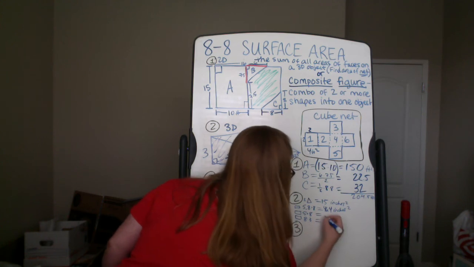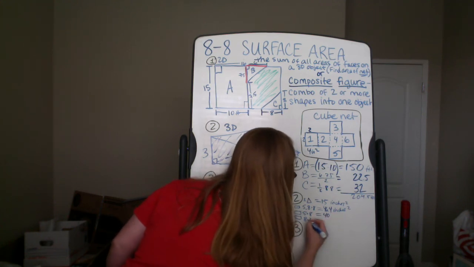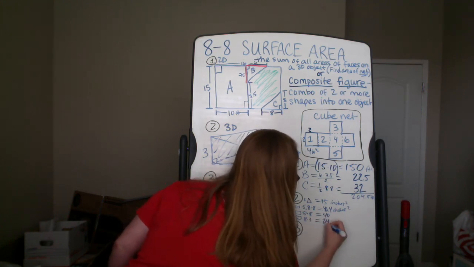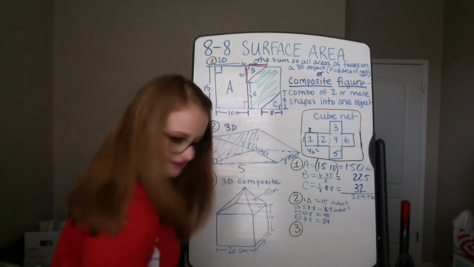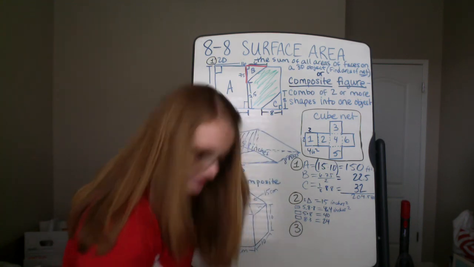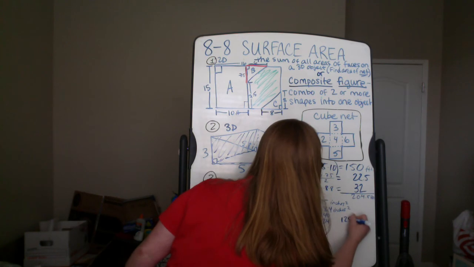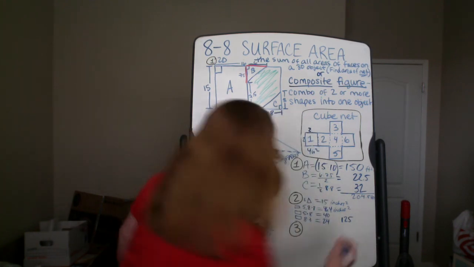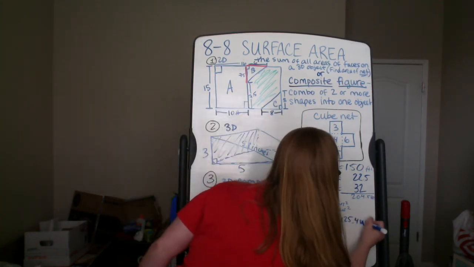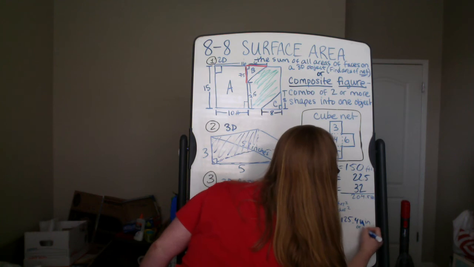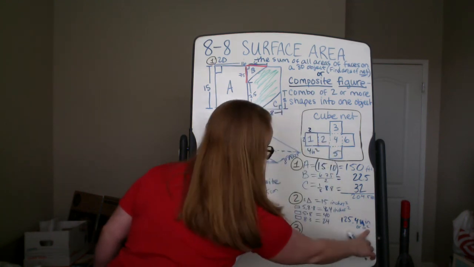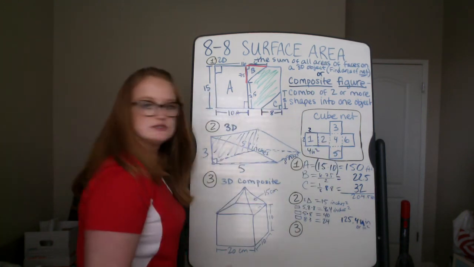So now if we calculate these, we have 40, and 8 times 3 is 24, and I already added all that up for time, so you should have gotten 125.4 square inches, or inches squared. You can write it with the power or square inches too, it means the same thing.